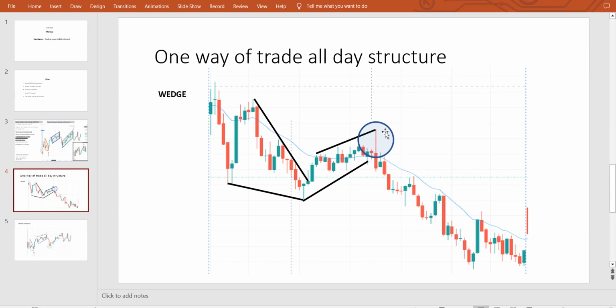Here the midpoint of the day is considered: let's say a wedge happened, a pullback happened. Now the pullback will take price to the midpoint of the day. This is the key point. After the red candle there is a big green candle which is an exhausted move, and sellers have faded. We can consider this as a moving average.